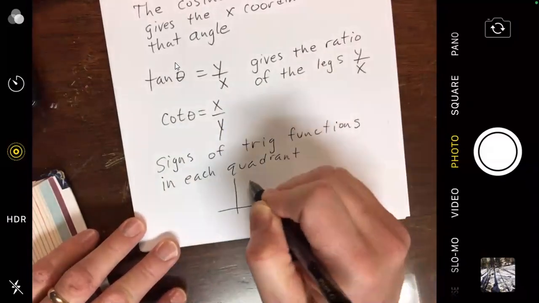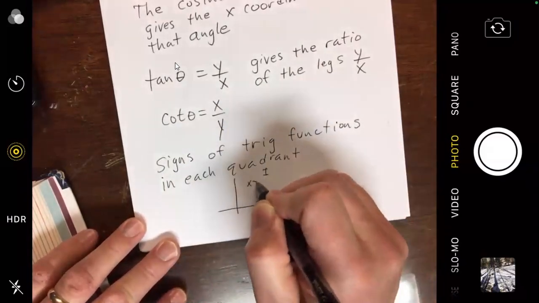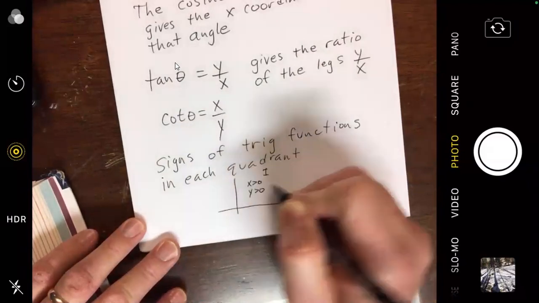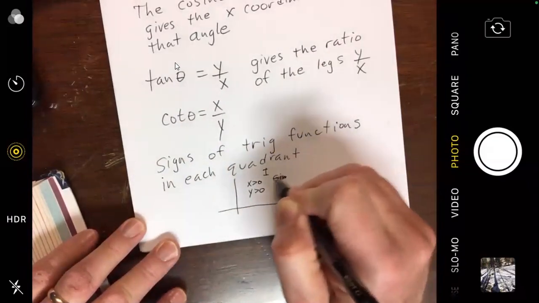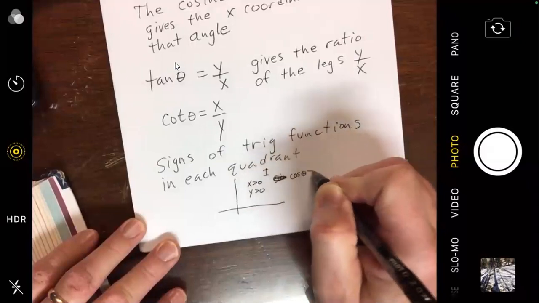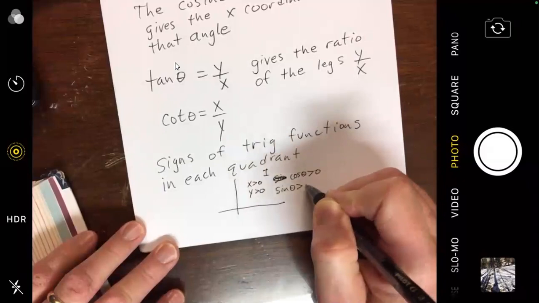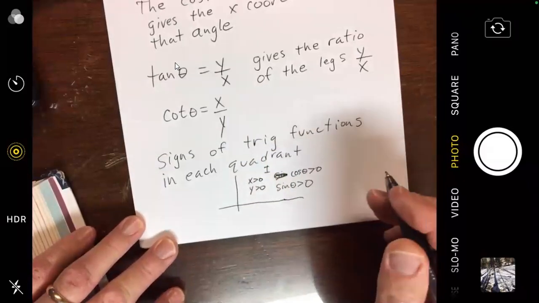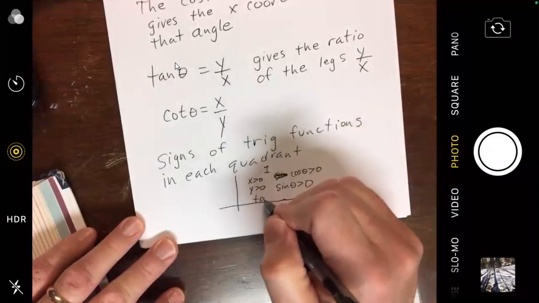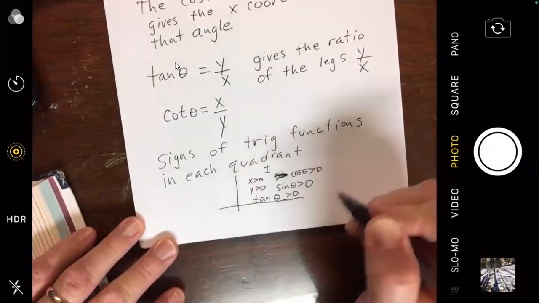So quadrant 1, x positive, y positive. This means cosine of theta is positive, y is sine of theta positive. Tangent theta, their ratio, is positive. Everything positive.